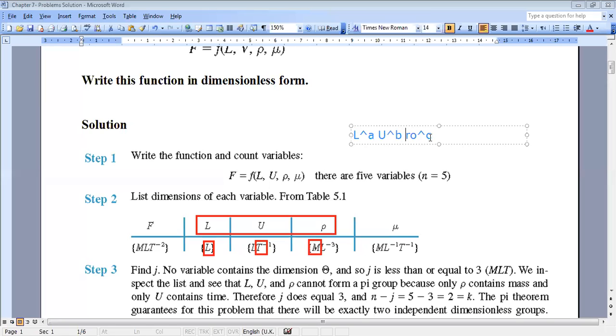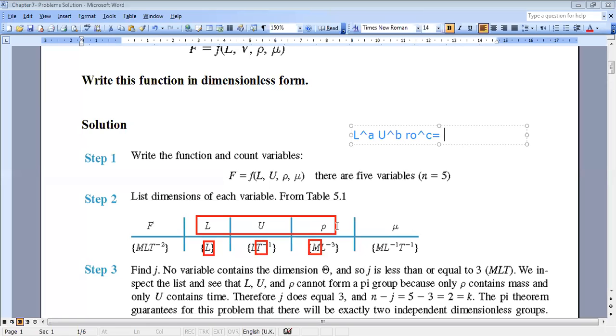When you want to form groups, you should choose independent variables. You choose the variables that are independent and then form the groups. F will form a group with L, U and rho, and mu will form a group with L, U and rho. So you should first choose 3 independent variables. But why L, U and rho?